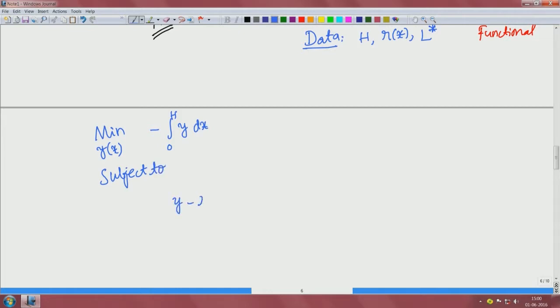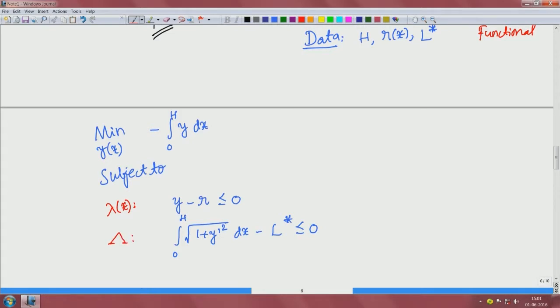y minus r less than or equal to 0, and then integral from 0 to h of square root of 1 plus y prime squared dx minus L star less than or equal to 0, and do not forget to write the Lagrange multipliers lambda of x and capital lambda.